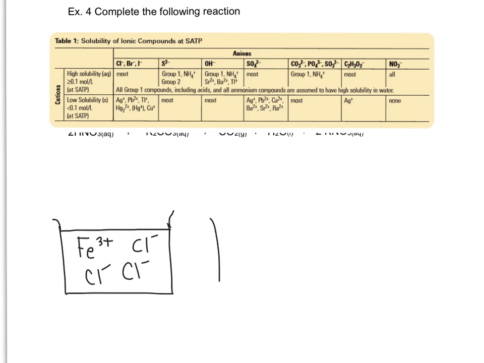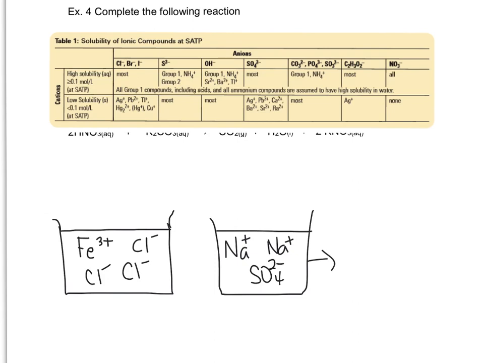Then we have a beaker that is sodium sulfate, and sodium sulfate is soluble, so that beaker has sodium ions floating around and sulfate ions flying around. You mix them together in a bigger beaker.